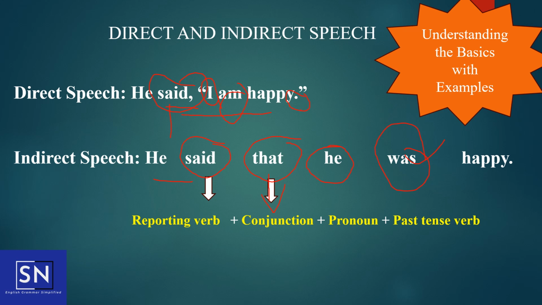Now, let's look at the rules. First, remove the quotation marks. When you get a question in indirect speech, the first and foremost thing is you should remove the quotation marks. That means eliminate the quotation marks around the reported speech.